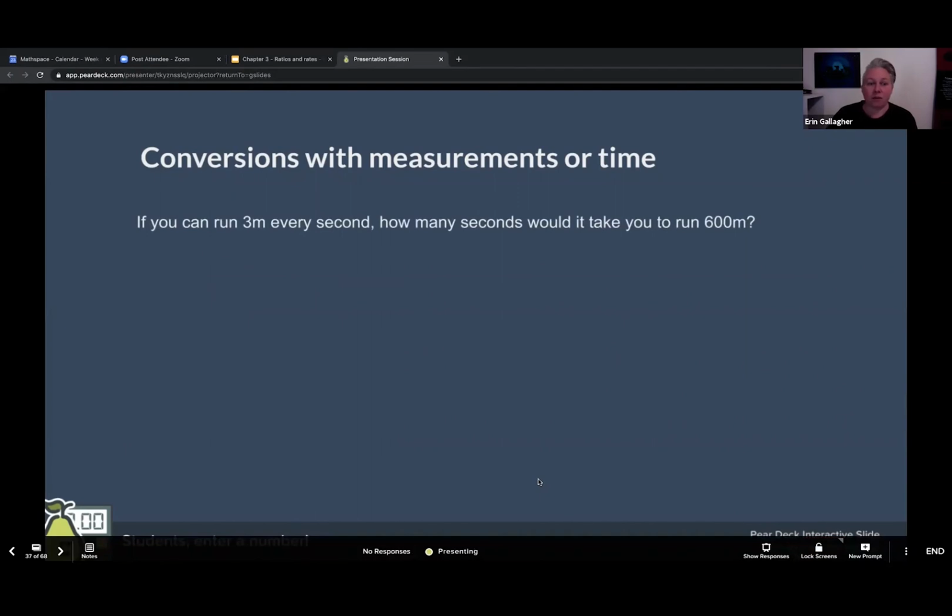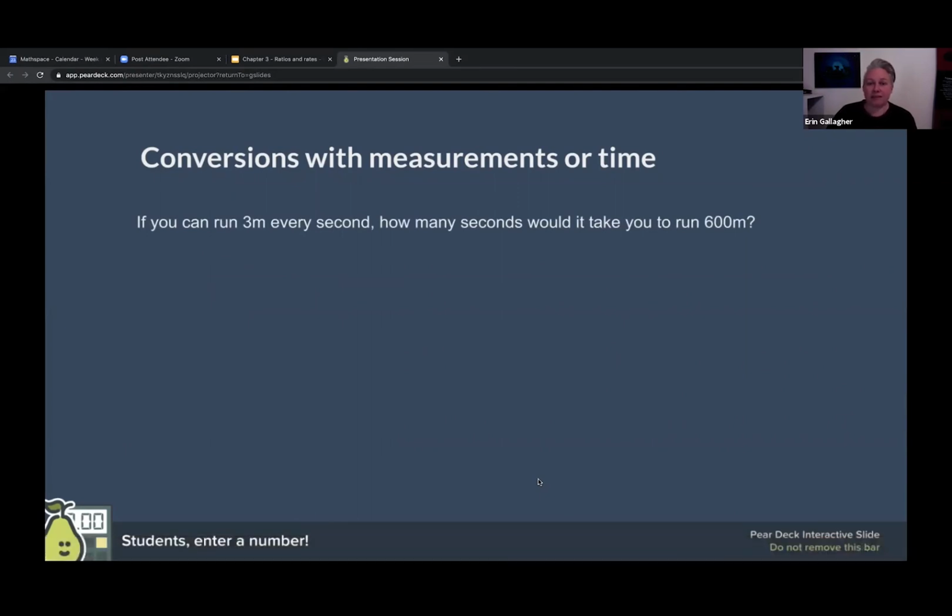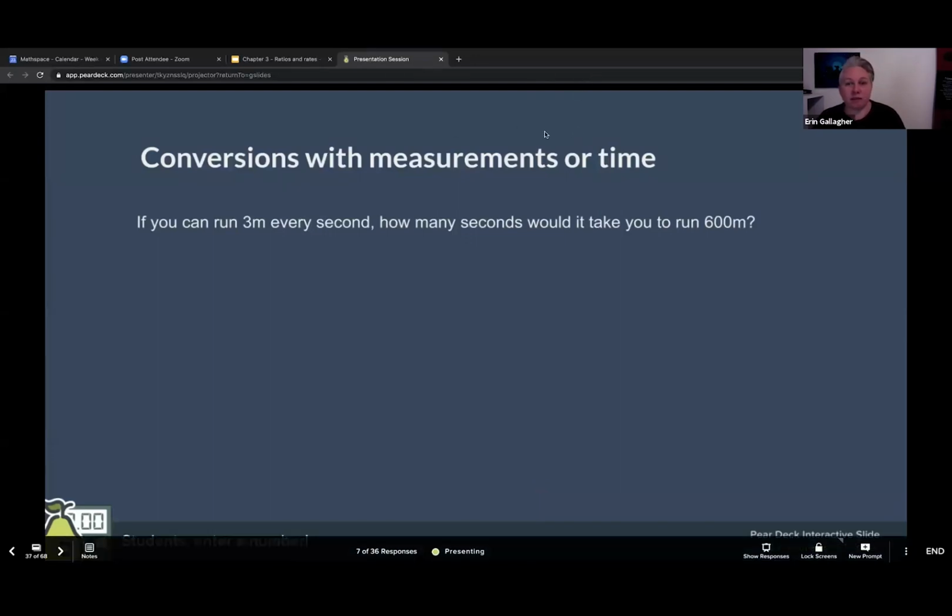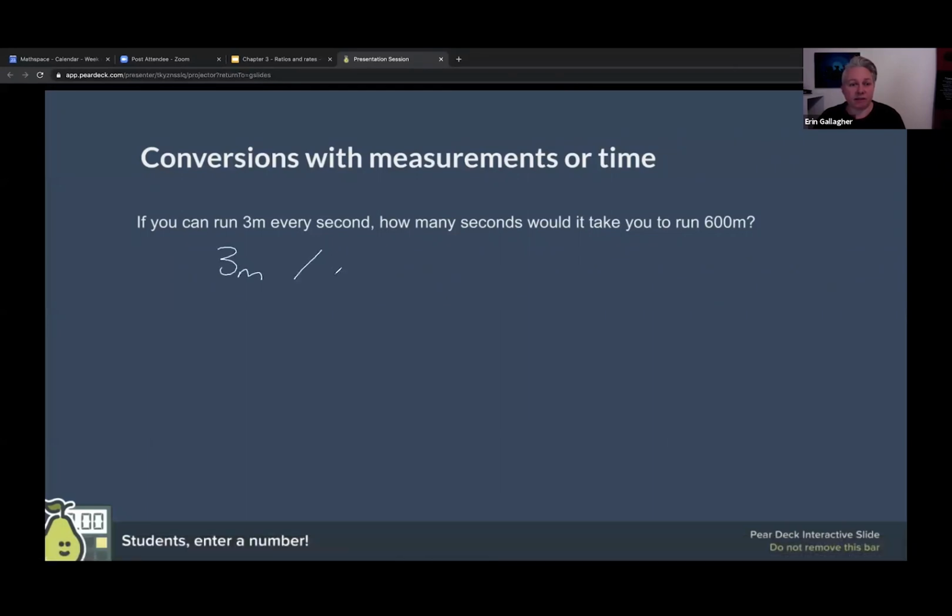If you can run 3 meters every second, how many seconds would it take you to run 600 meters? So again, keep the proportions the same. You can run 3 meters every second. How many seconds is it going to take you to run 600 meters? How many groups of the 3 meters do I need to get 600 meters in total?